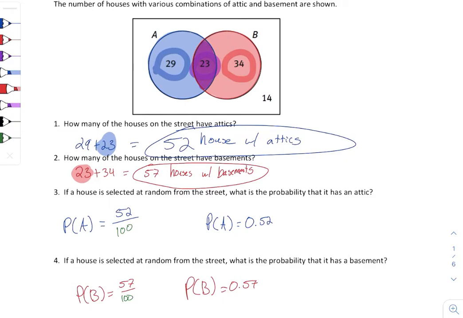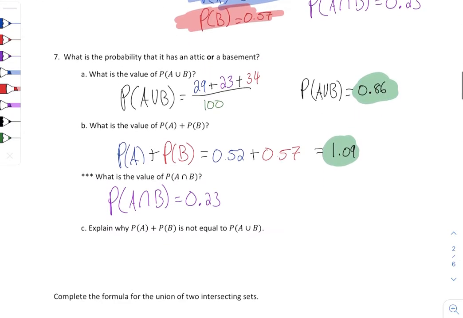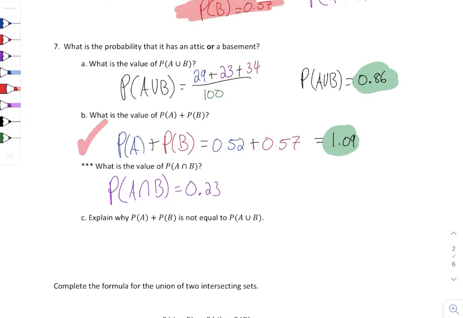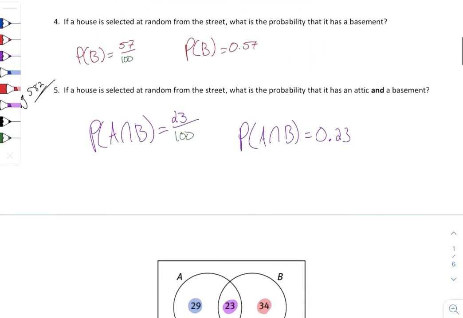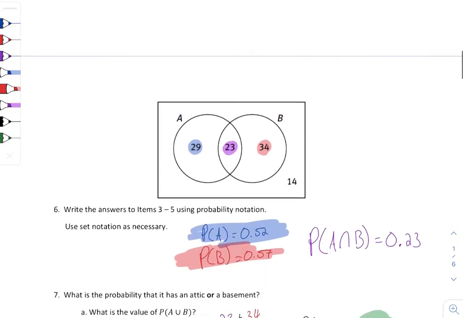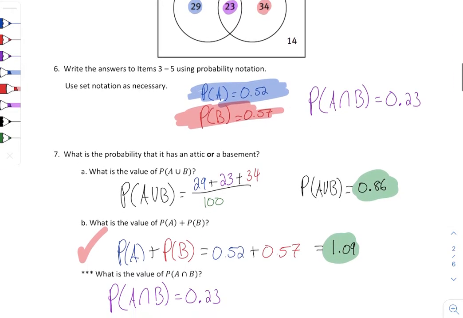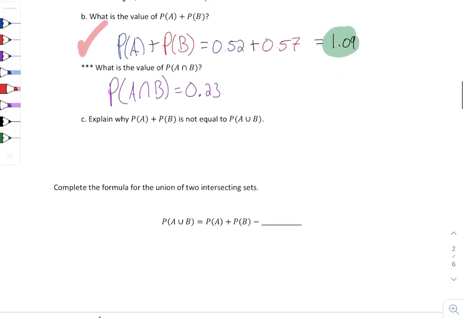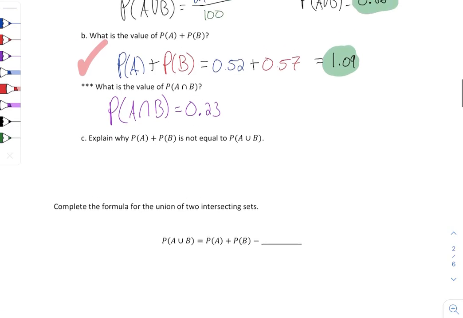But the problem is when we add the two together here, since A and B both had the situation of basement and attic, we're kind of adding it twice, right? That's the problem. We can't add that number 23 twice, which is happening when we add those two together. So why aren't they equal? Well, we're adding the intersection twice.